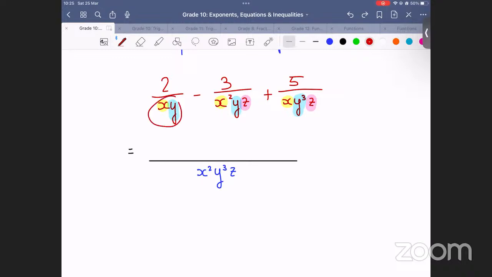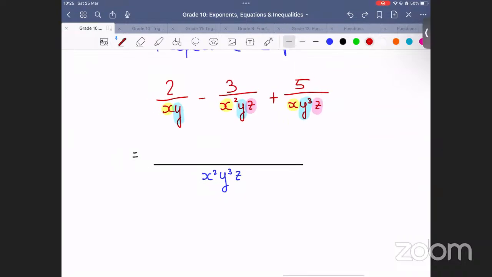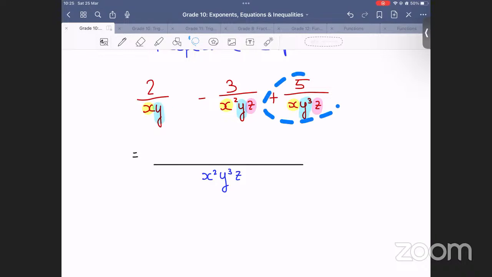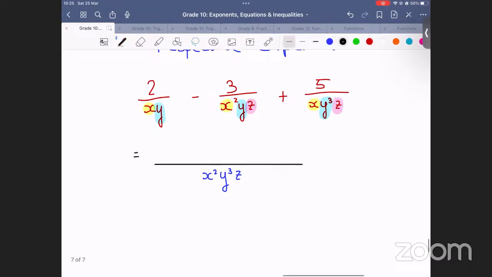So then you ask yourself, how did you get from this xy denominator to x squared y cubed z? In that case, what are you missing? Let's just create some space. You already have 1x, so you're just missing 1x.